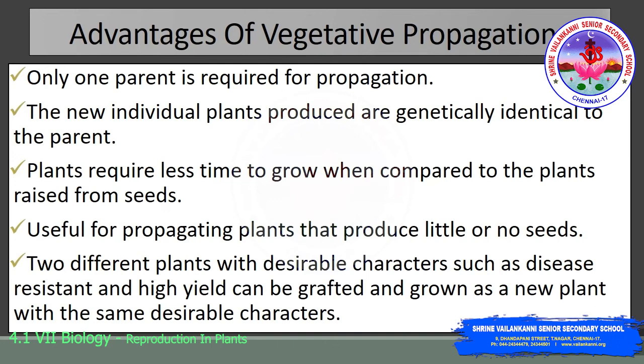And it is useful for propagating plants that produce little or no seeds. And the last advantage is that two different plants with desirable characters such as disease resistance and high yield can be grafted and grown as a new plant with the same desirable characters.